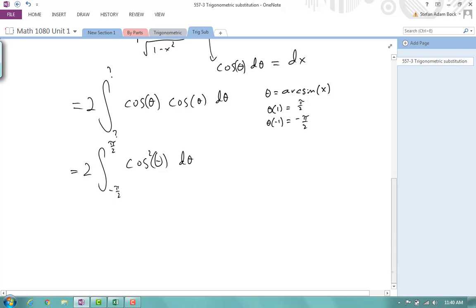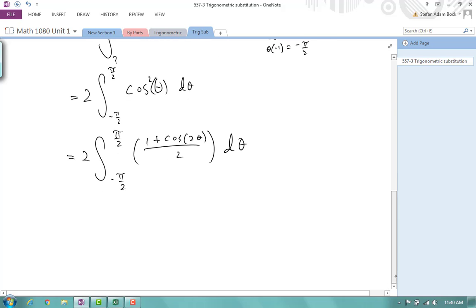And fortunately, we just had a whole section on dealing with these kinds of integrals, so I'm going to use the half angle identity. It's equal to 2 times the integral from negative pi over 2 to pi over 2 of 1 plus cosine of 2 theta all over 2 d theta.